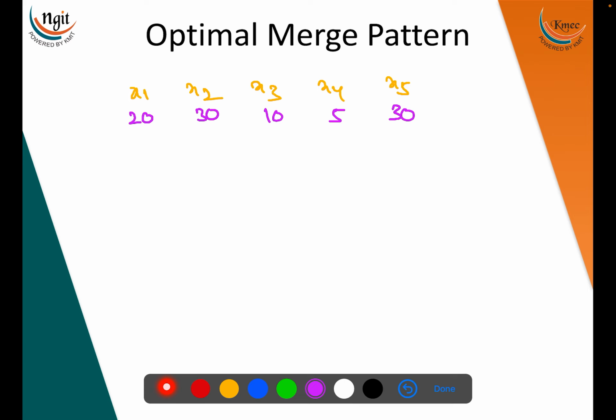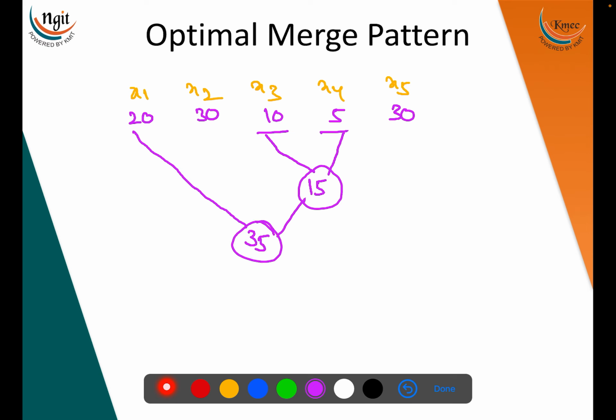The selection criterion is, at each step, merge the two smallest size files together. Out of all these, which are the two smallest size files? X3 and X4. So you have to merge these two first of all. So I am merging this one, 15. Now after this, again you have to see which is the smaller one. You will have 20 and 15. Now it is 35.